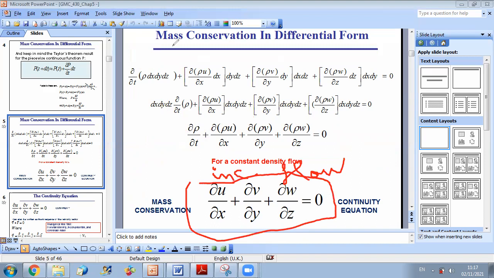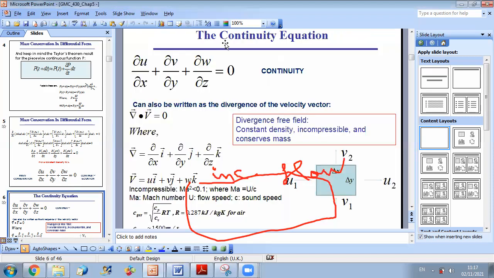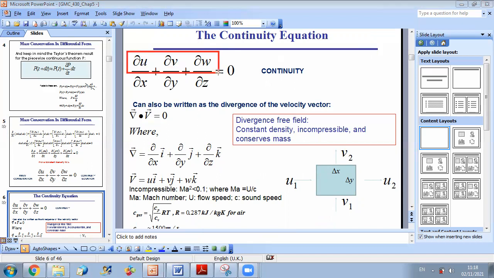Okay? Any questions until here? Okay. So now, if I consider the following case, we can say that this equation can mathematically be written using the mathematical operator, the divergence of the velocity vector.